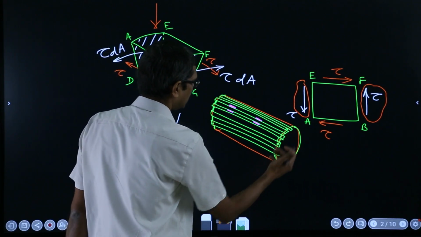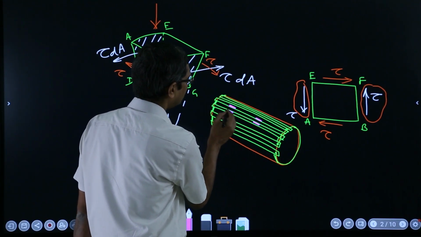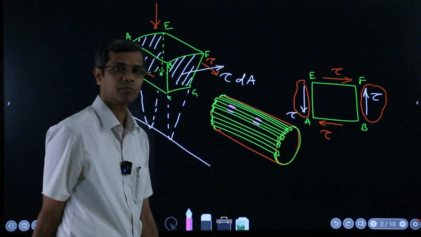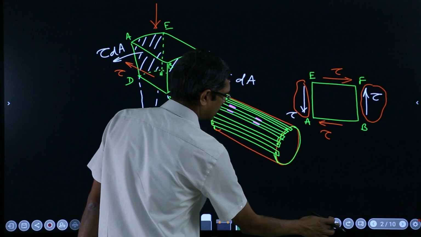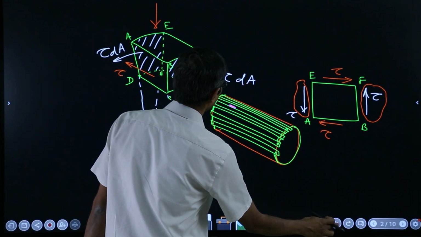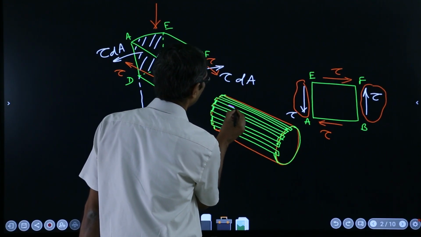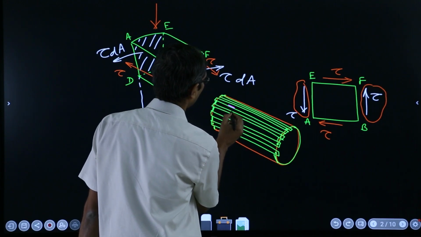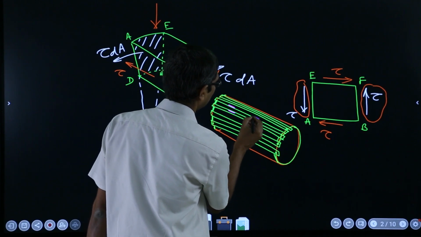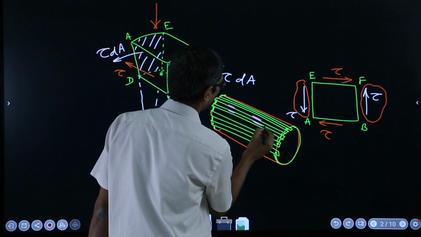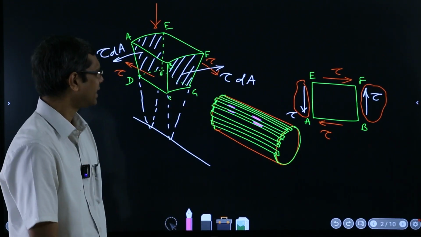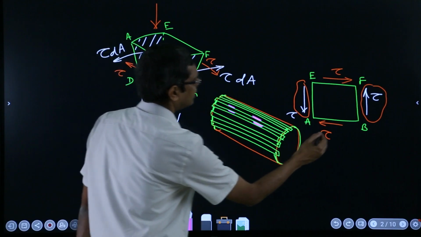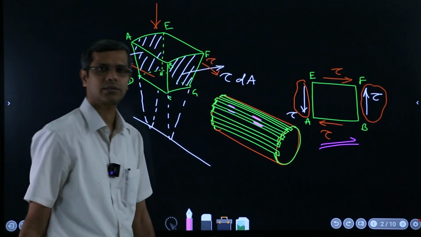Once you twist it, they will slide with respect to each other. They will not be like this anymore. If earlier it was like that, this one will come like that. Similarly, if on this side it is here, it will come here a bit. They slide with respect to each other, and that shows you the existence of this stress.